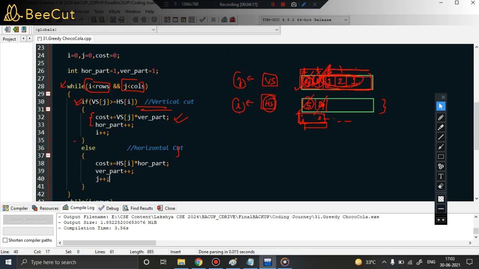We are actually incrementing the pointers of the corresponding arrays. For the element in vs we have the j pointer, and for the element in hs we have the i pointer. Yes. Let us compile and run now.